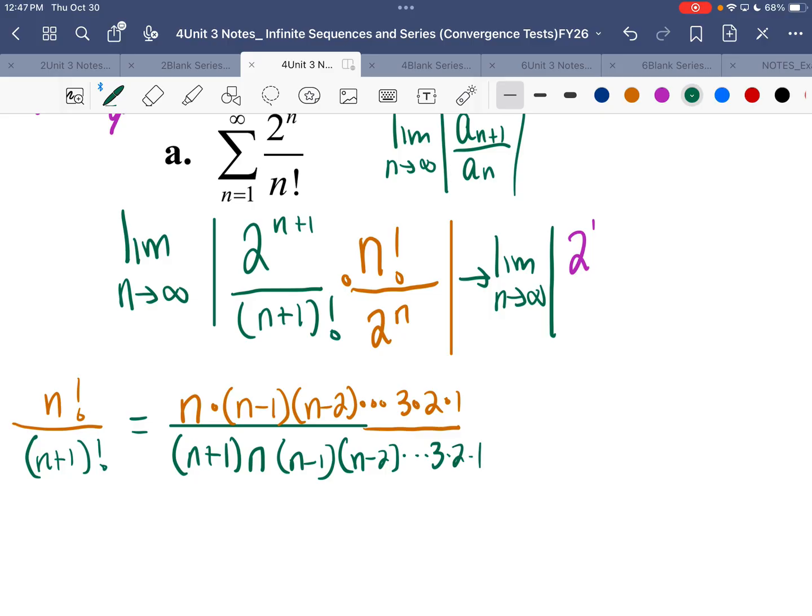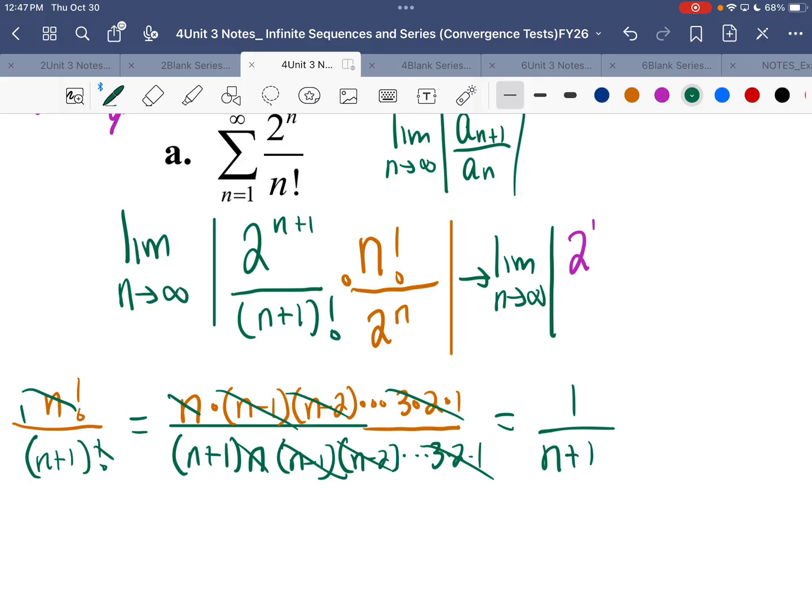So you're probably going to get good at canceling out factorials and realizing that you could have just canceled them like this from the jump, as long as you notice those patterns. But that's why they cancel out to being 1 over n plus 1.